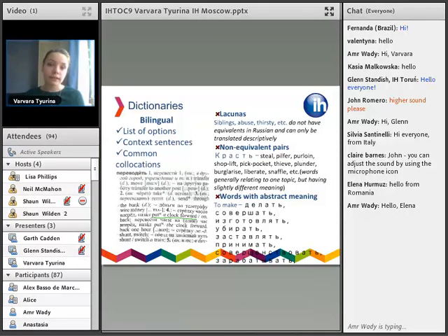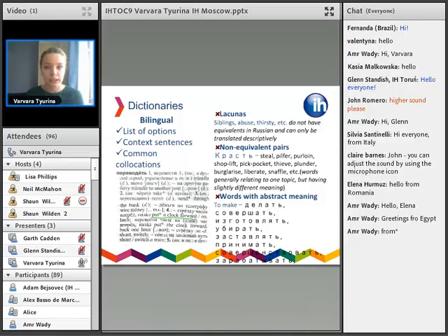So we have a lot of lacunas, the words that do not have exact equivalents in the other language. For example, siblings, imbues, and thirsty, these words simply do not have equivalents in Russian language, and the only way to translate it is descriptively, and most dictionaries do not give you a descriptive translation.